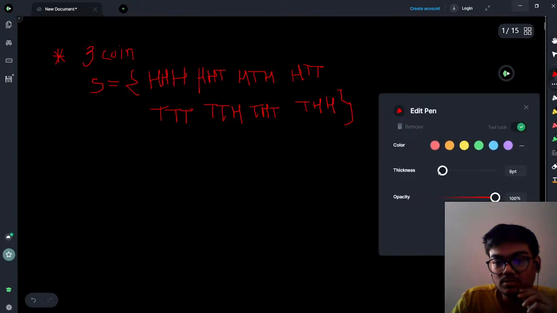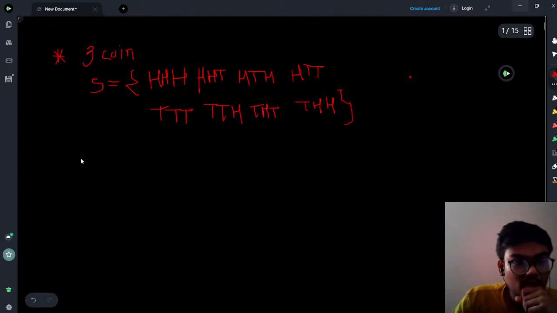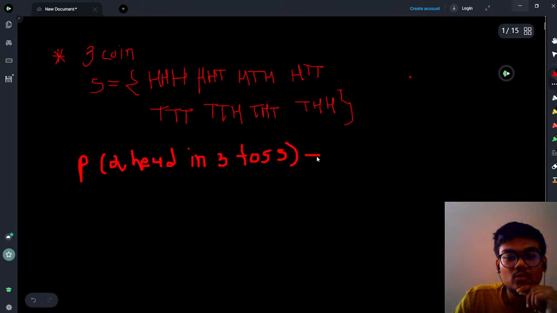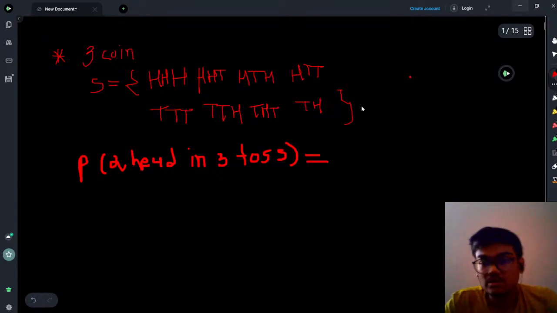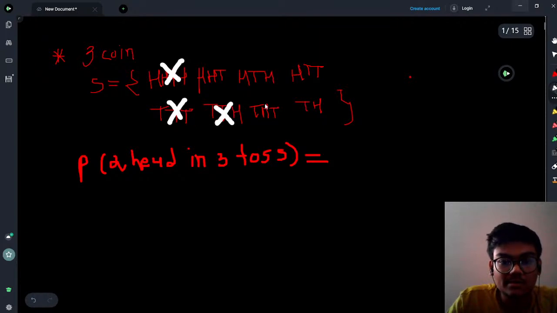Let me increase the thickness of the pen. Now we have to find the probability of two heads in three tosses. From the sample space we have to select our requirement, what we want to find. This will not come, which contains three heads. This will not come.